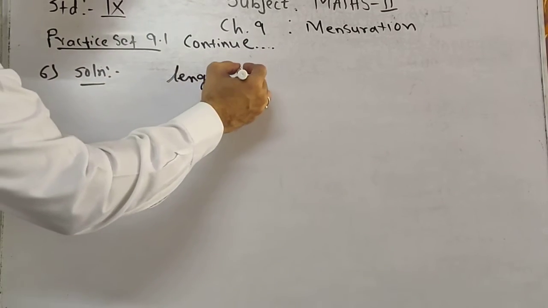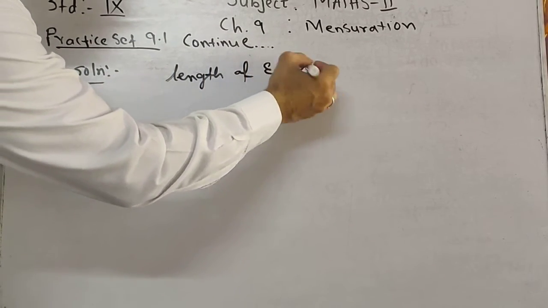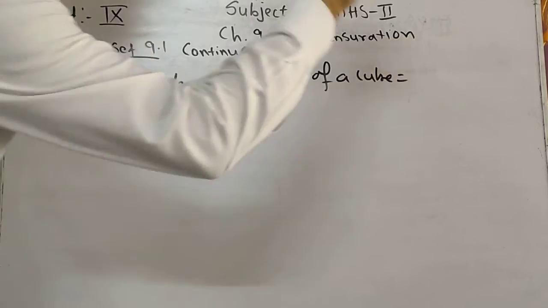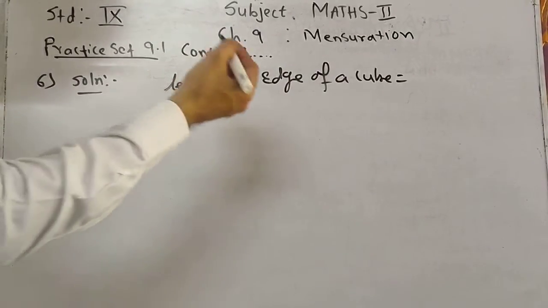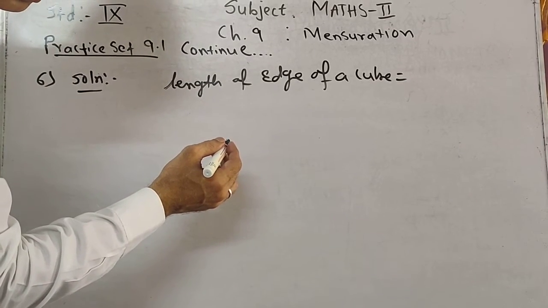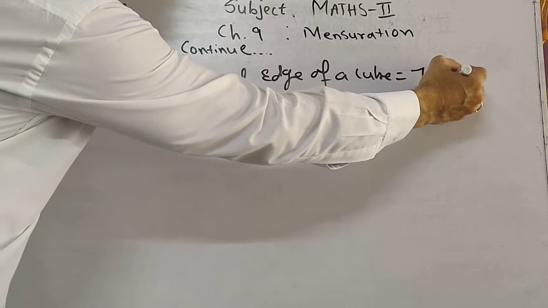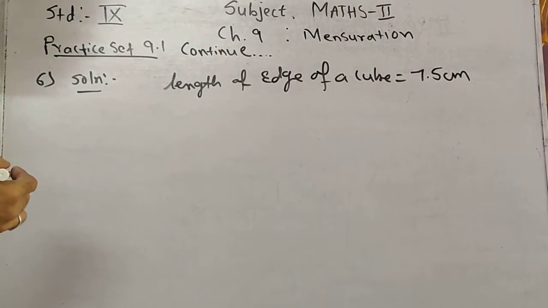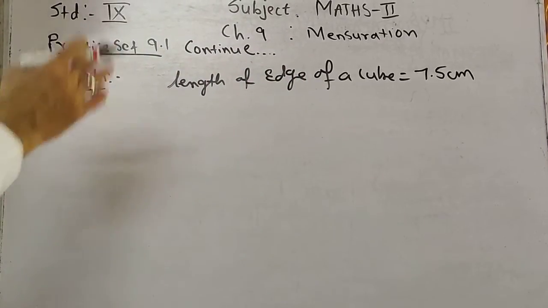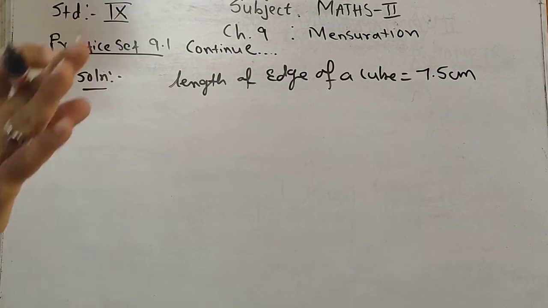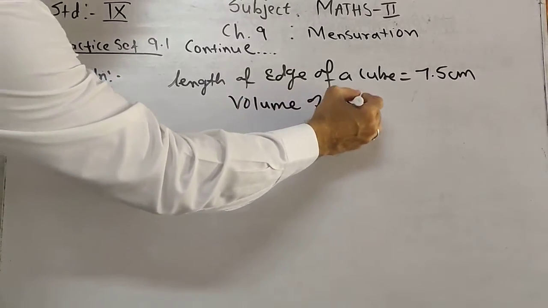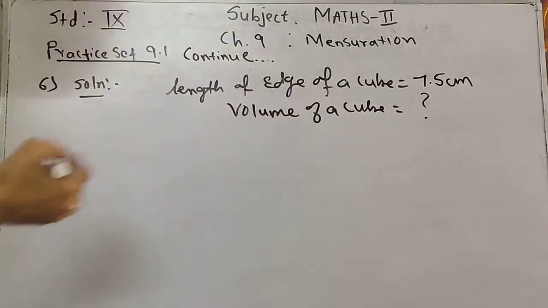The length of the edge of a cube is 7.5 centimeter. Edge means side. You want the volume of a cube. Volume of a cube is equal to question mark.